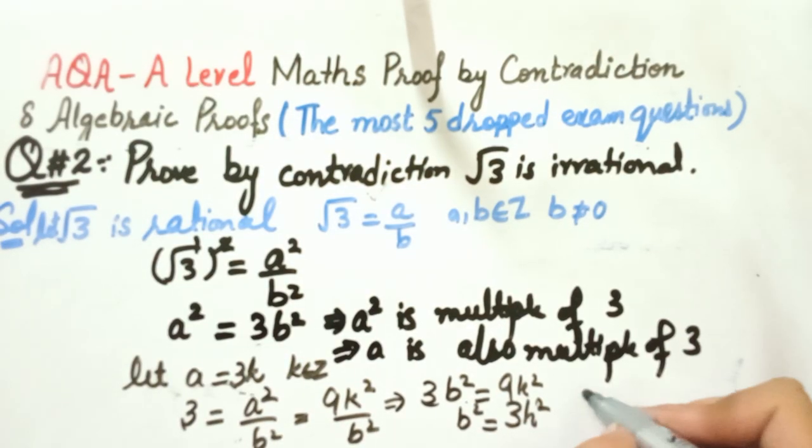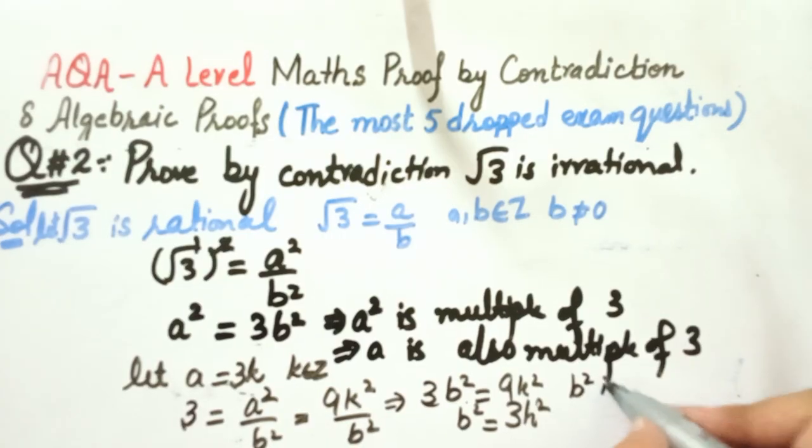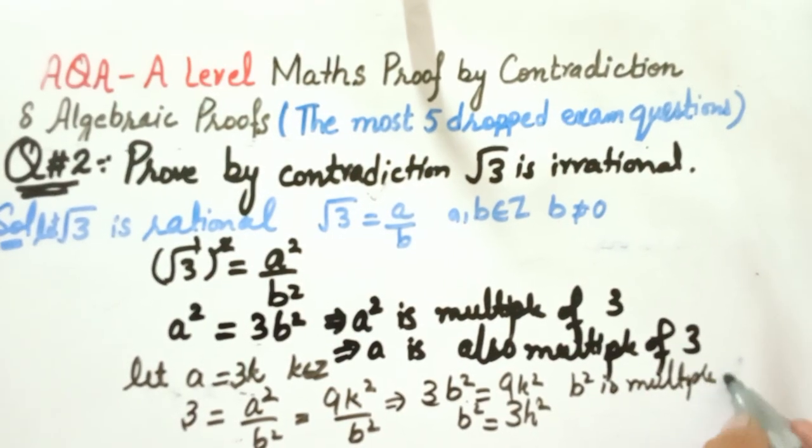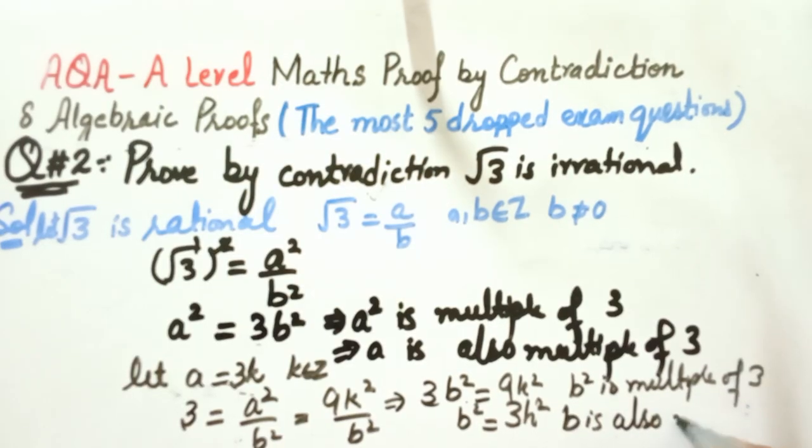Since b square is a multiple of 3, which implies b is also a multiple of 3.